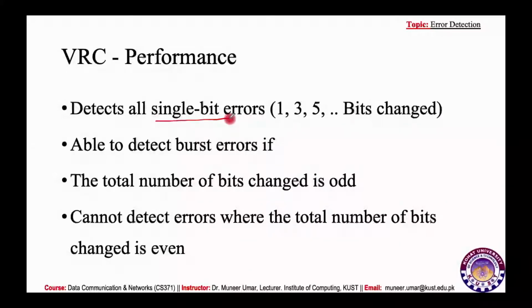It can detect a 1 bit error, 3 bit error, 5 bit error, that is, any odd number of changed bits can be detected by VRC. It cannot detect errors where the total number of bits changed is even.